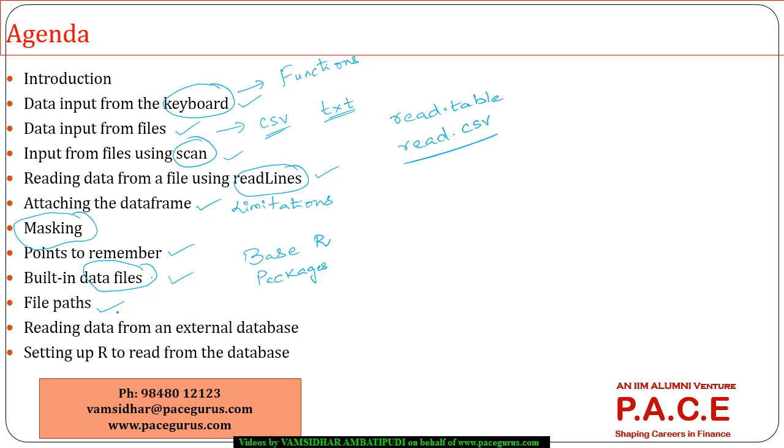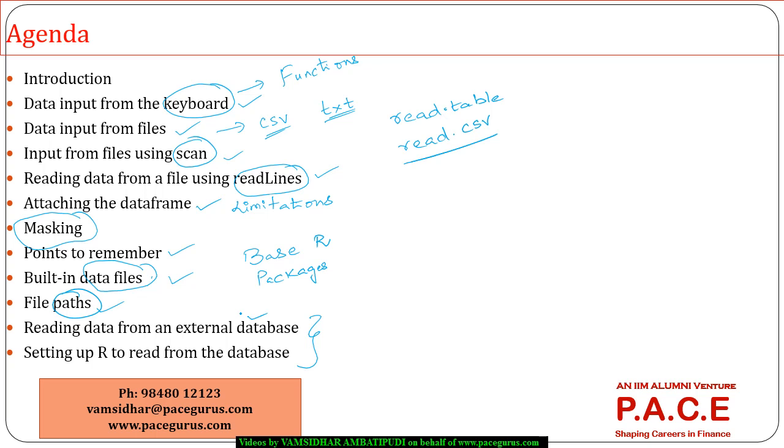Then how do I really play around with the paths of the files? If I have to set a specific path to a file, what are the different ways in which I can do that? And towards the end, our focus is getting the input data from an external database. How do I connect to that external database? How do I make sure that R is able to read the data from that external database?